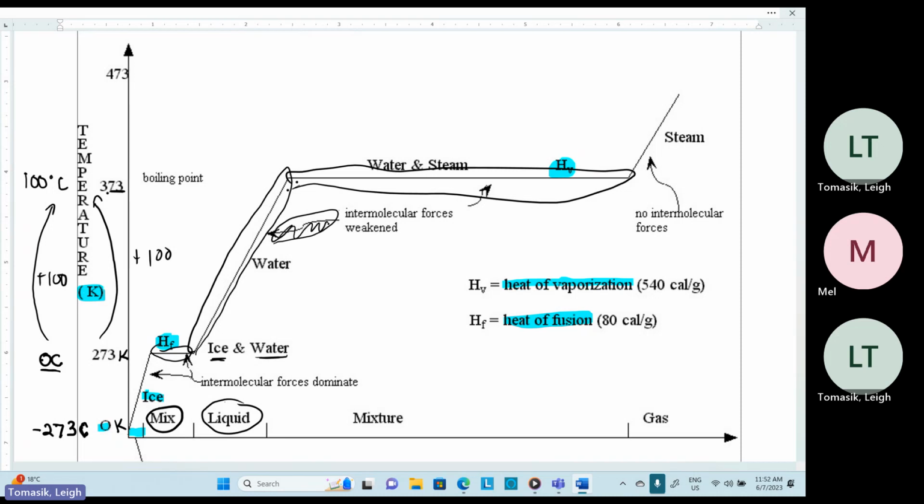We shouldn't have it here. Here, right? During the plateau part is where the intermolecular forces are changing, being weakened. I think what this is trying to tell us is that the intermolecular forces are stronger in a solid than a liquid. That's why it's written the way it is. So you don't have to make the changes that I did.